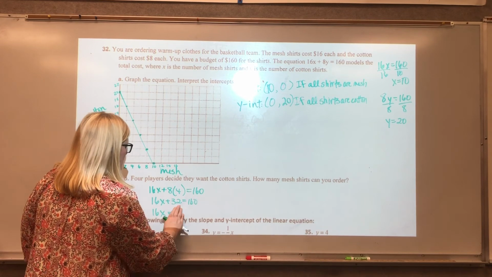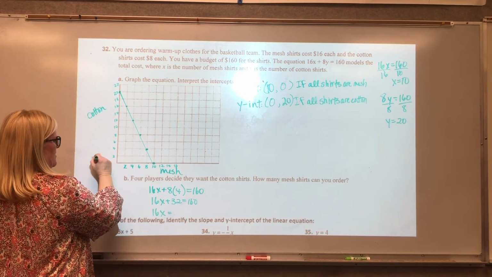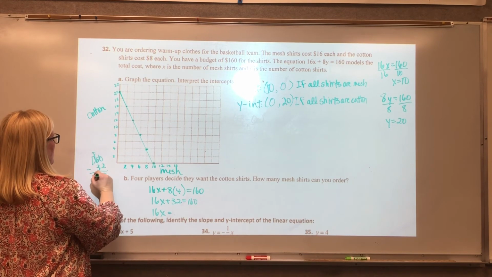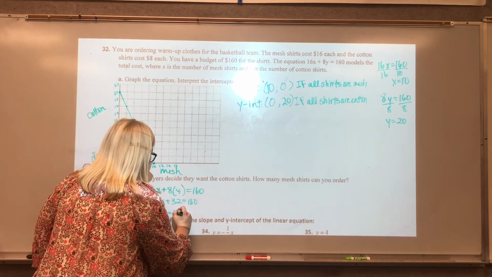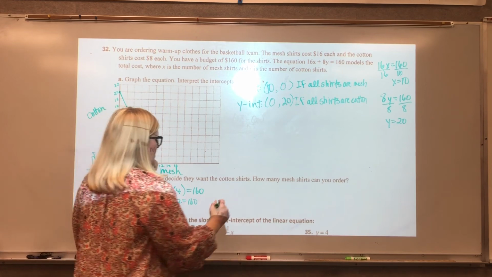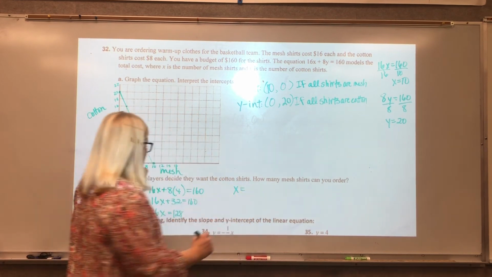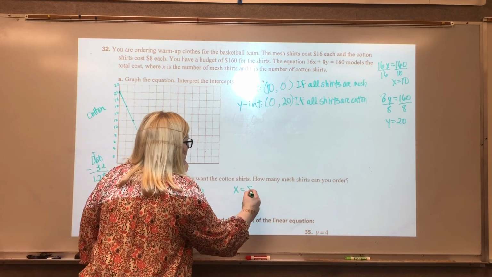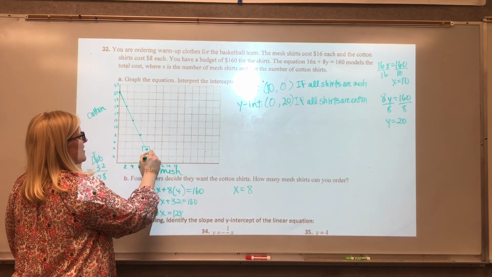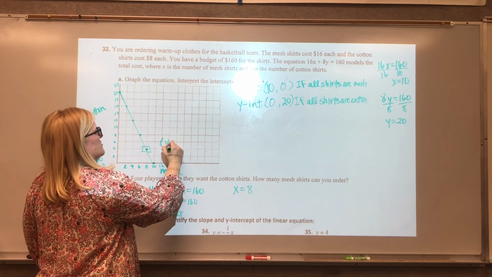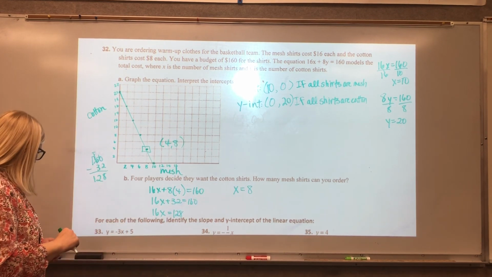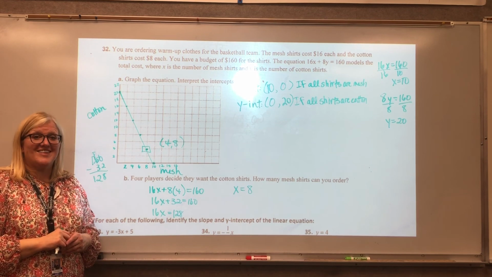I'm sorry. 160 minus 32, 128. Okay, and if I divide both sides by 16, then I get 8, which is exactly what this point is right here. This point is 4, 8. So 4 cotton shirts, 8 mesh shirts. All right, I'll keep going in the next video.